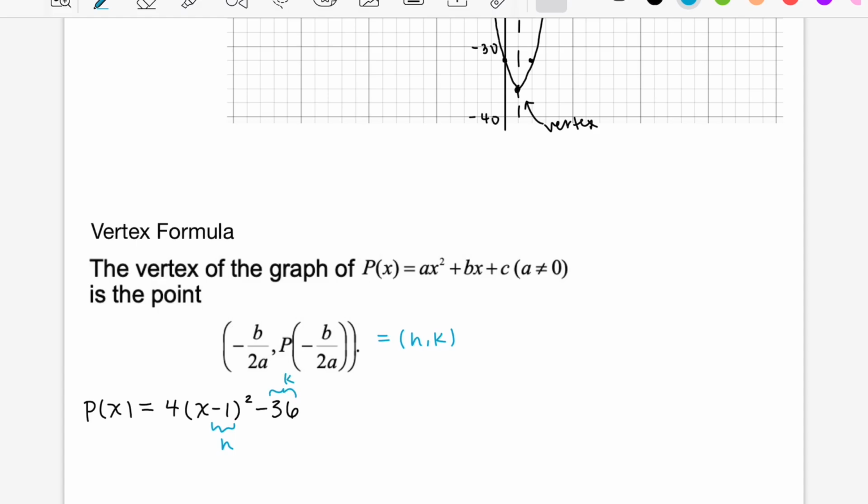And we found that by completing the square. Okay? But what we're saying here is that we can also use this vertex formula to find the vertex without completing the square. So for example, in the same example that we're looking at, our original quadratic function was this here.